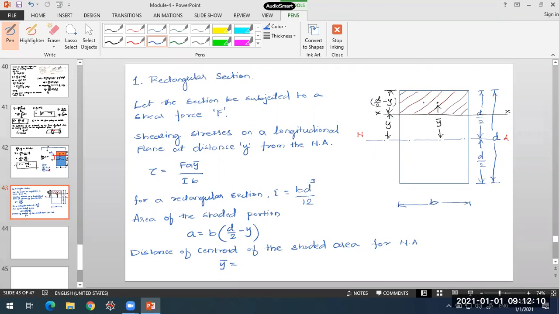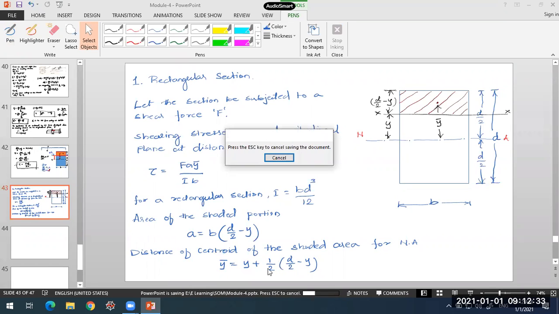Now this is a rectangular portion, so the centroid will be exactly at mid depth, that is half of this depth. So it comes out to be y plus 1 by 2 into d by 2 minus y. That is the position of the centroid of the shaded area measured from the neutral axis.